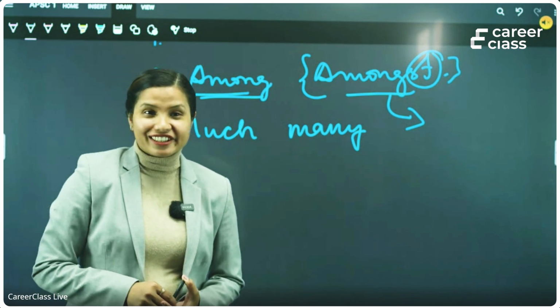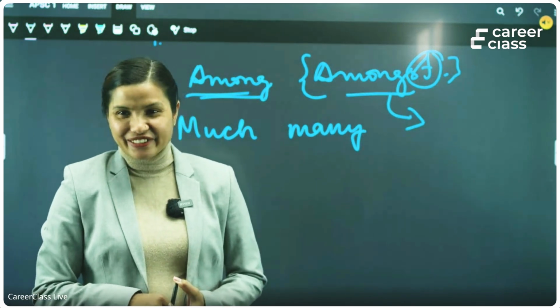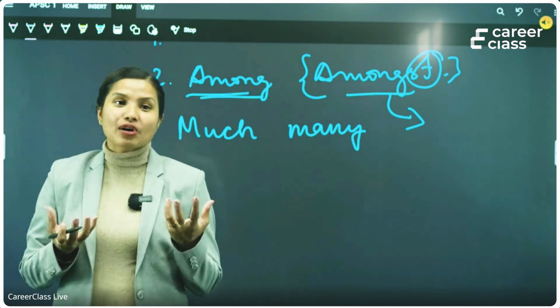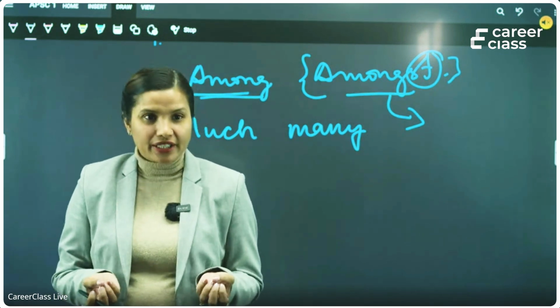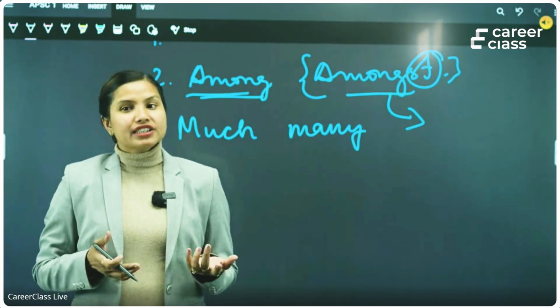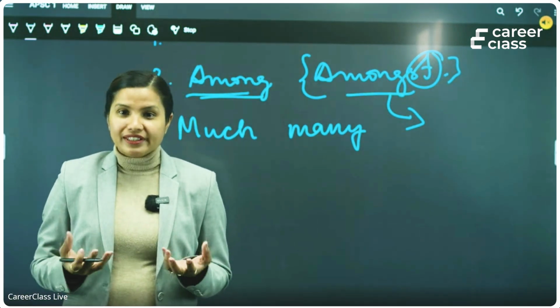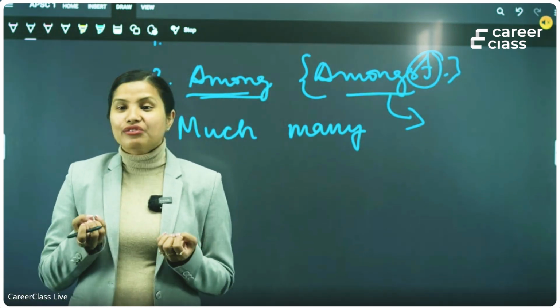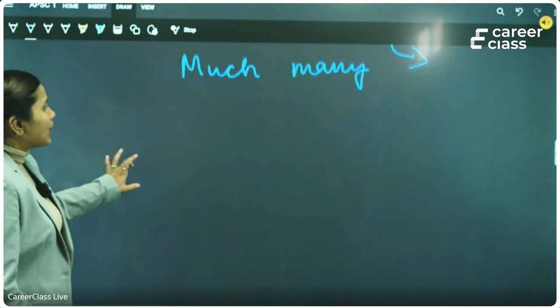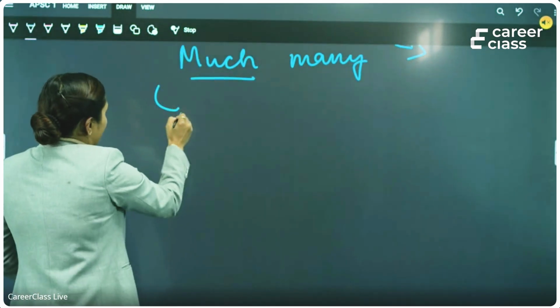It is American English, which is used mostly. Though it originated in Britain, England being the originating country, since America is now considered the superpower, that power is seen in the form of language also, in which we are using. Okay, so much. Can you give me an example with much?